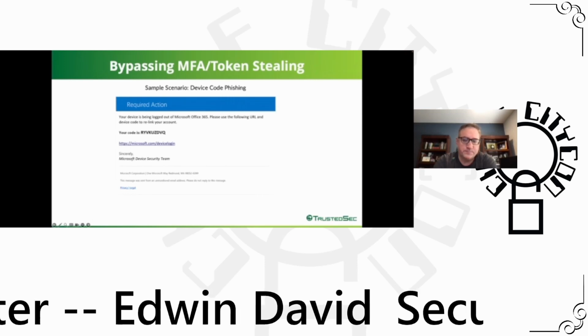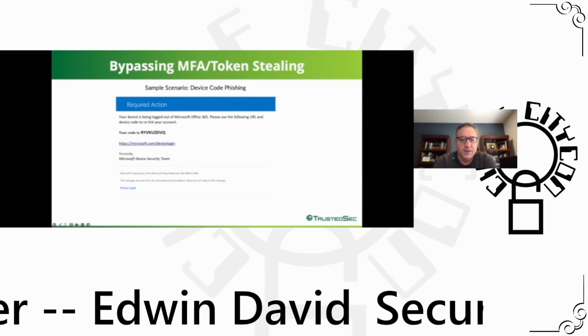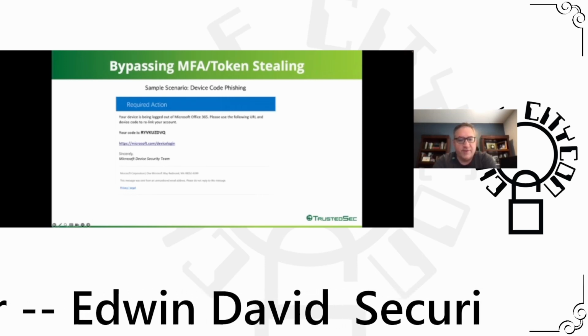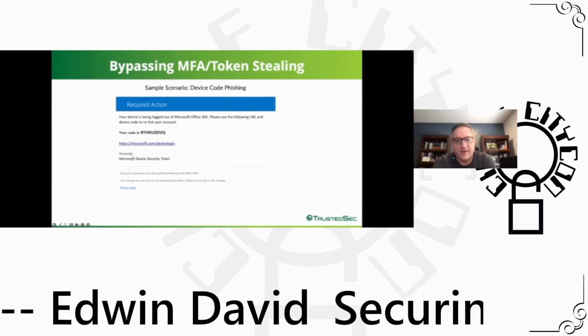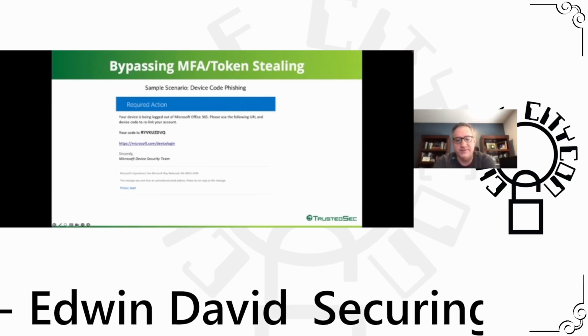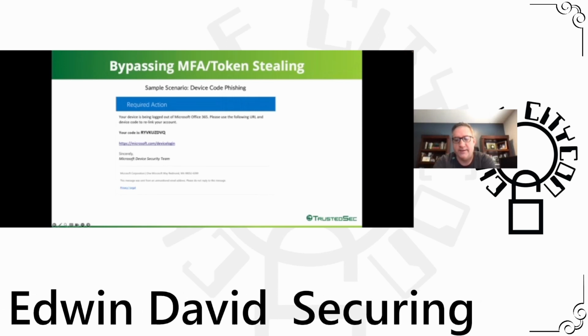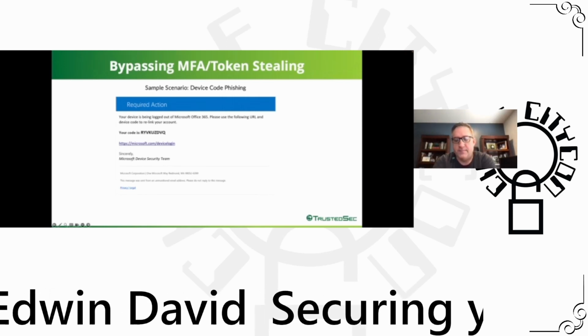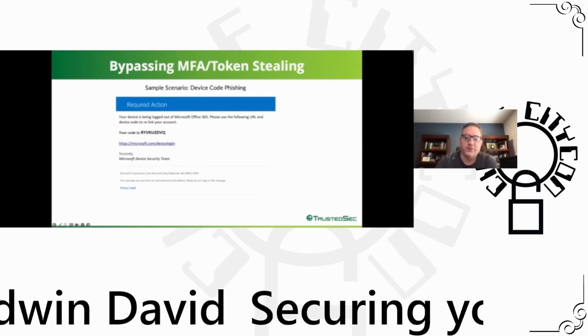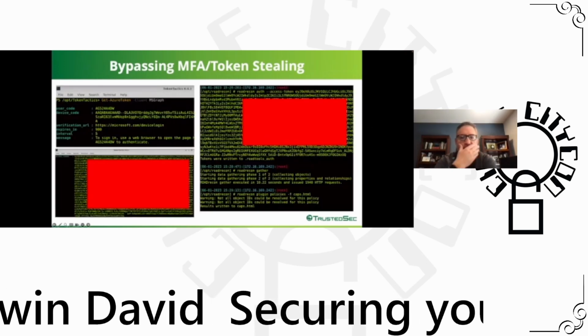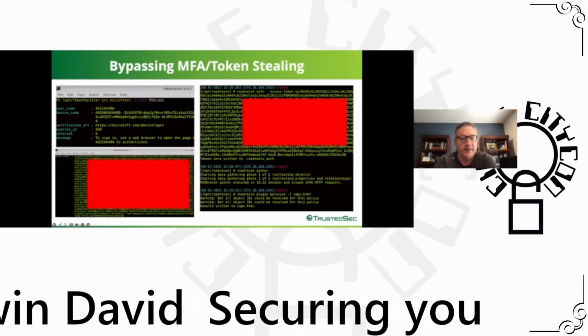And it just gives the end user a device code, and they click on that device login link. As soon as they enter it and complete the authentication request, a couple things happen on the back end.